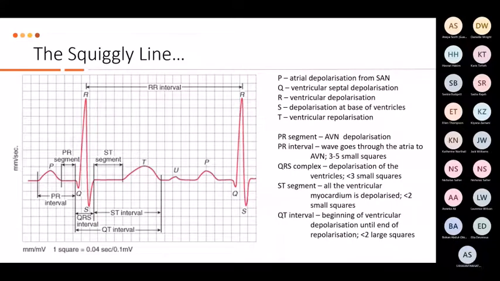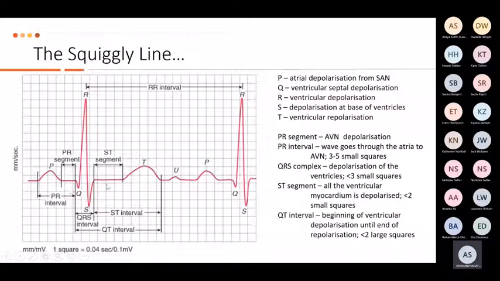Okay. So just quickly going through what's happening in an ECG itself. So your P wave over here, that is your atrial depolarization. So that's what's happening at the sinoatrial node. Then you've got your QRS complex here, which is the depolarization of the ventricles. And this gap here, the PR segment, is the depolarization of the AVN itself, getting ready for the ventricles to depolarize.